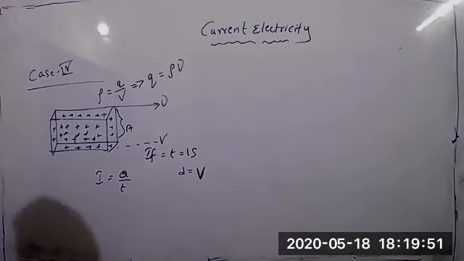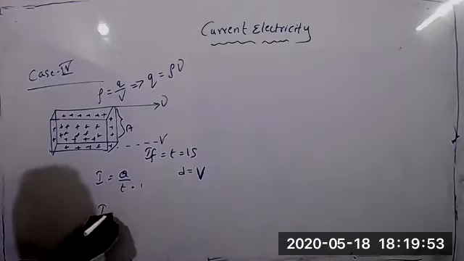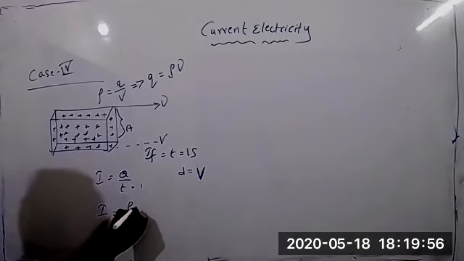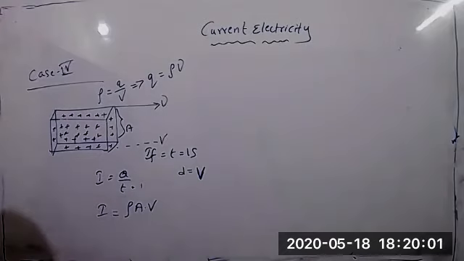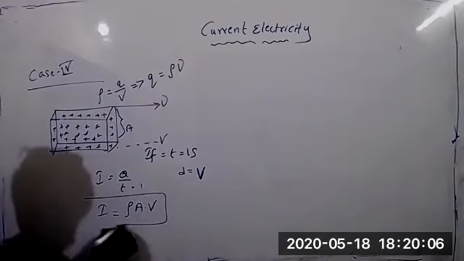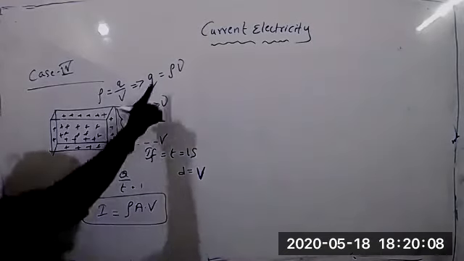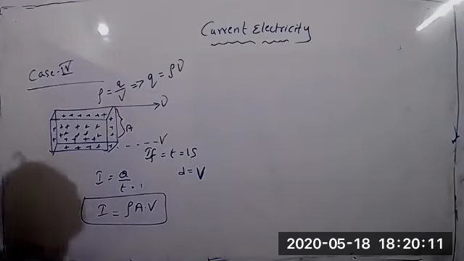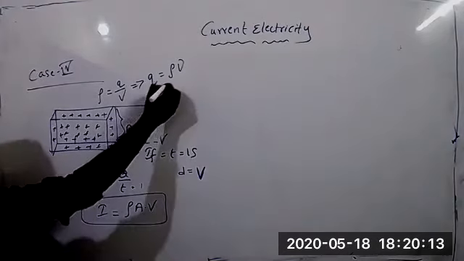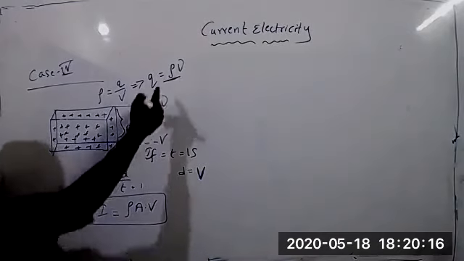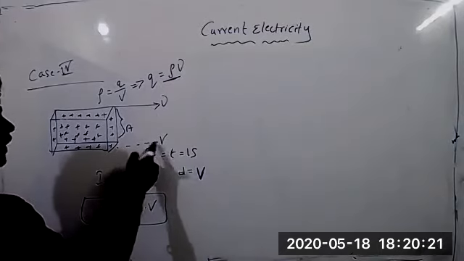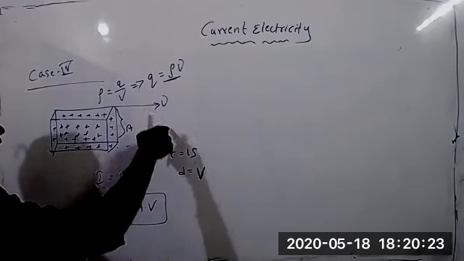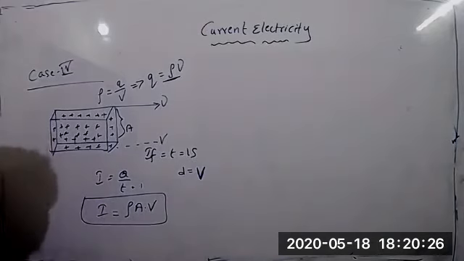So Q with T equal to 1 second gives I is equal to rho A V. Before, this volume was written as area into length, and that length will be the velocity itself.